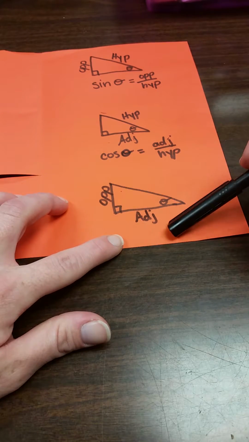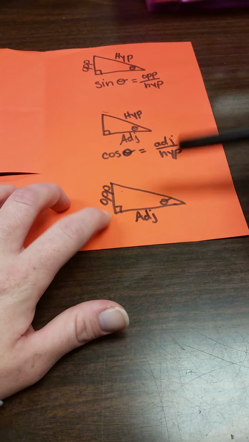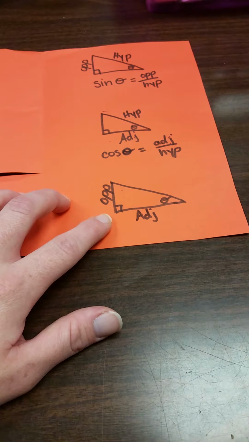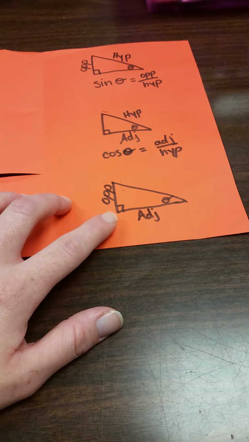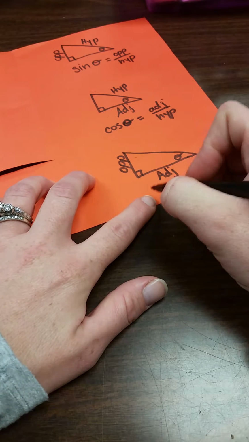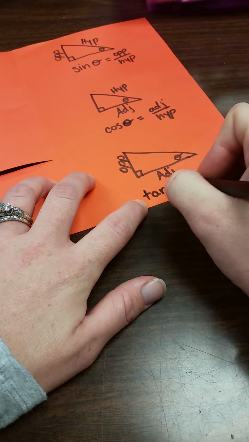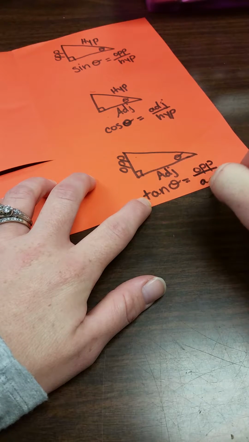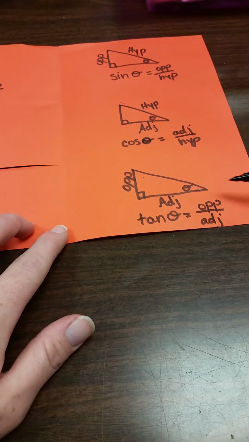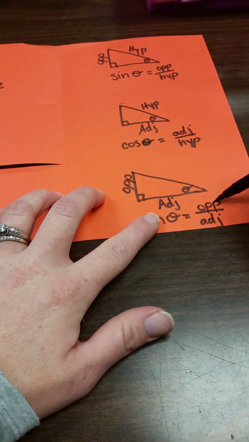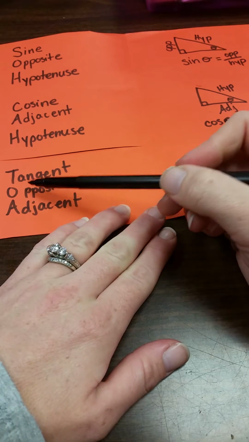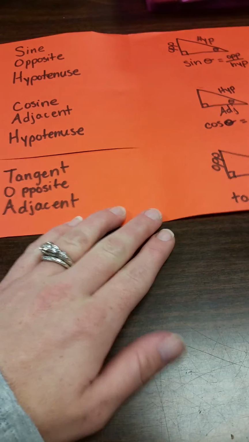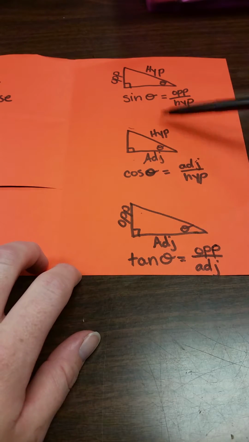So if your picture looks like this, if you know those two sides, then you'll use the tangent function to solve for your sides, okay? So your equation is tangent theta equals opposite over adjacent. And the opposite goes first because you've got opposite over adjacent in TOA. Okay? So these are your trig functions.